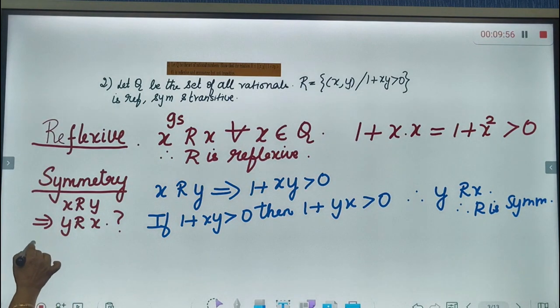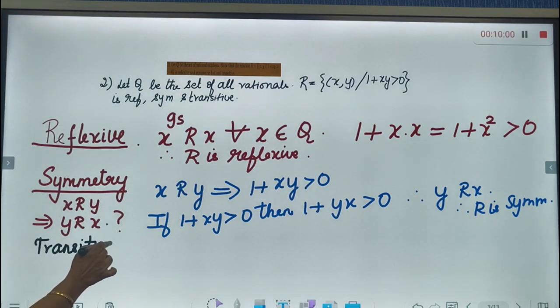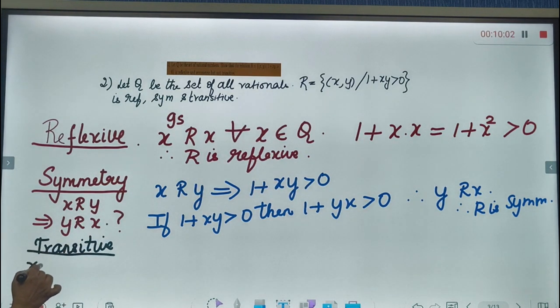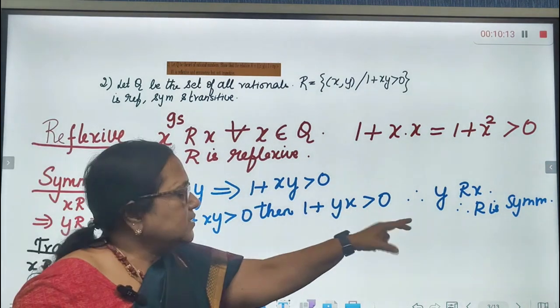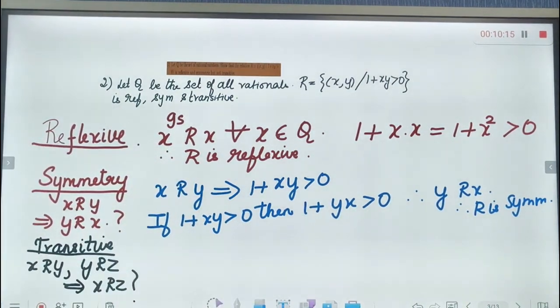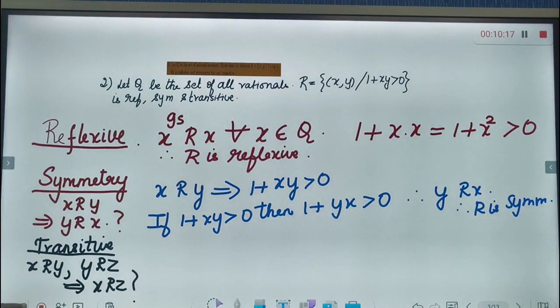Next, we have to check whether it is transitive. If x is related to y and y is related to z, does it imply x is related to z? This is our question. We have already answered symmetry. So, does 1 plus xy greater than 0 and 1 plus yz greater than 0 imply 1 plus xz greater than 0?